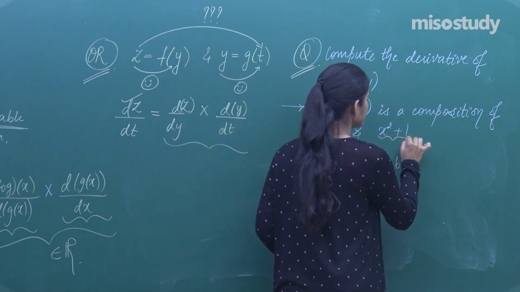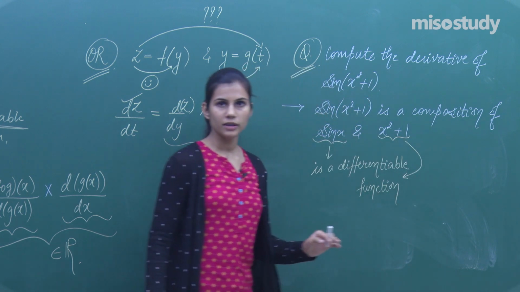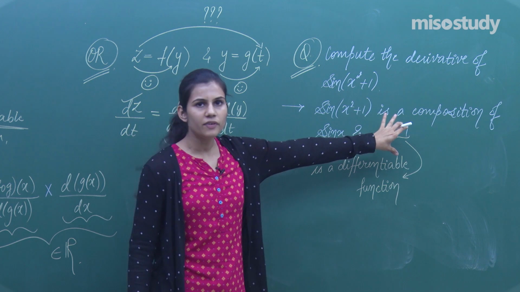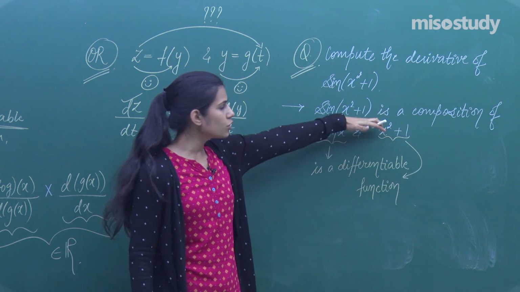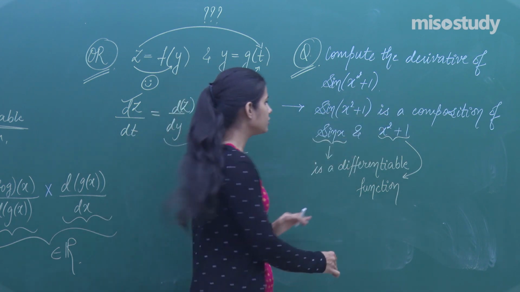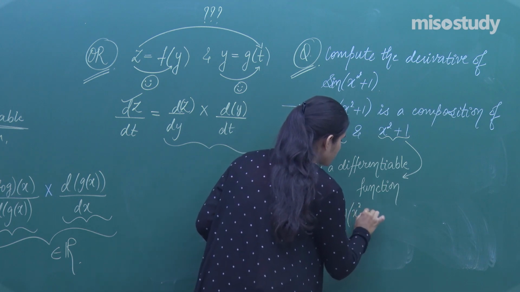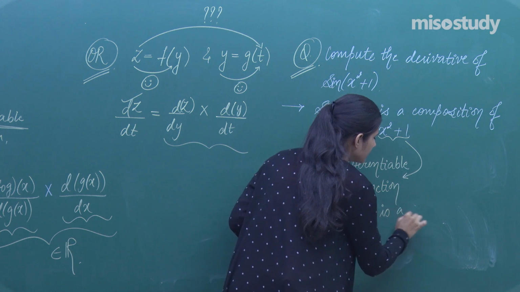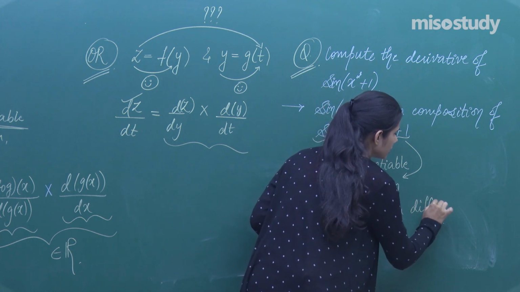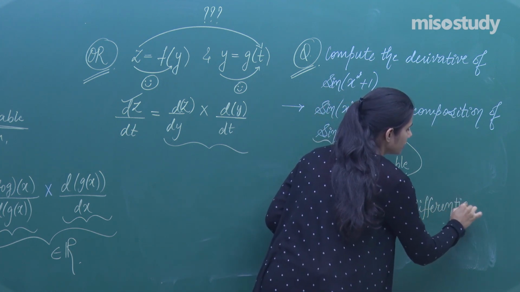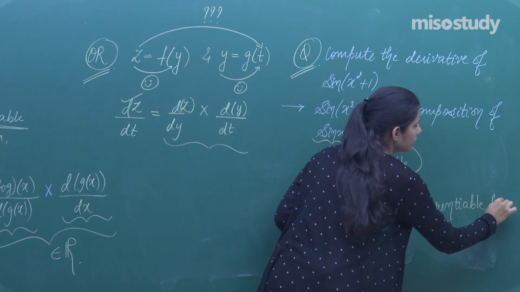So even this is a differentiable function. Individually, if both the functions are differentiable, one conclusion is completely established. This implies that sine of x square plus 1 is a differentiable function. First conclusion.